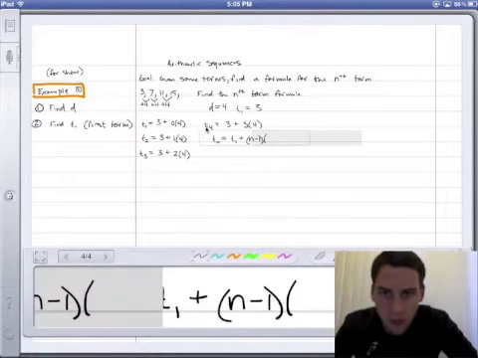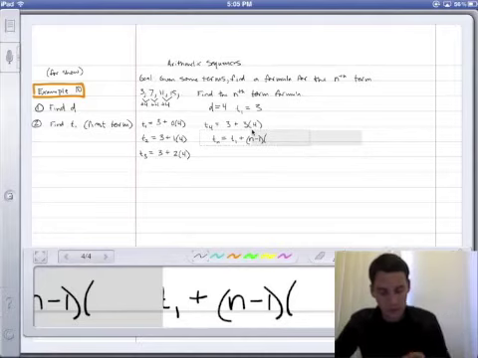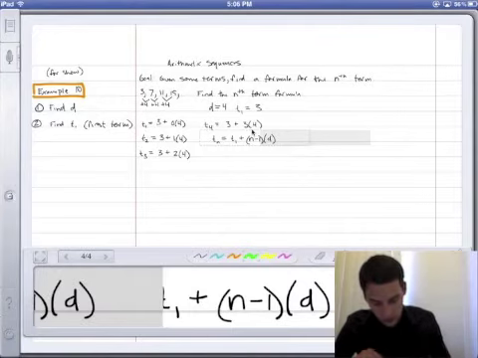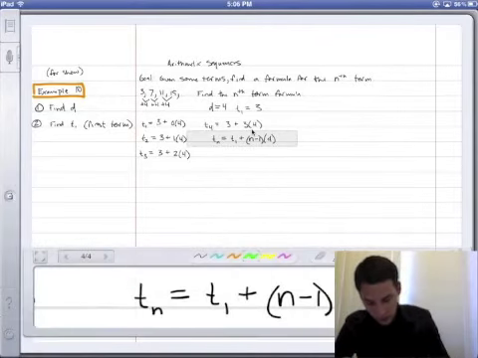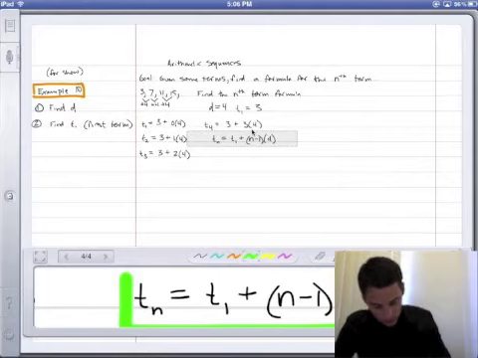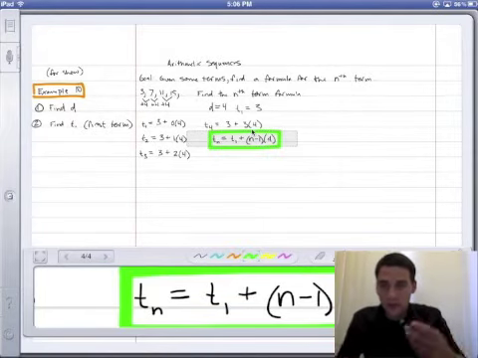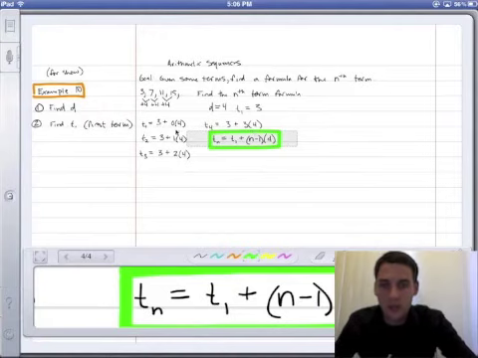What do we have here? 4, 4, 4, 4, times d. This is what we're going to use for our formula all the time for the rest of our examples. So what I meant by this was for you to see this pattern.